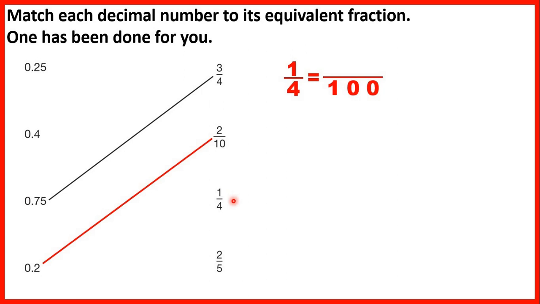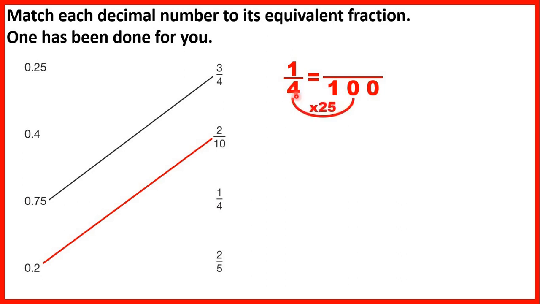So what we need to do is to change our 1/4 into hundredths, because the hundredths place value is the second digit after the decimal point. We can't change 1/4 into tenths because 10 is not in the 4 times table.